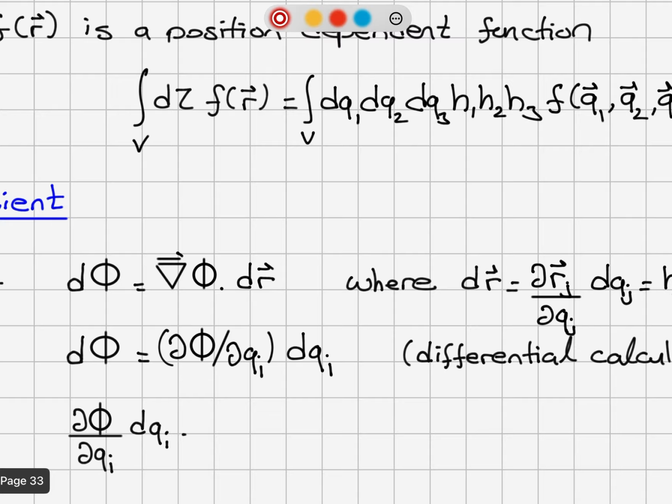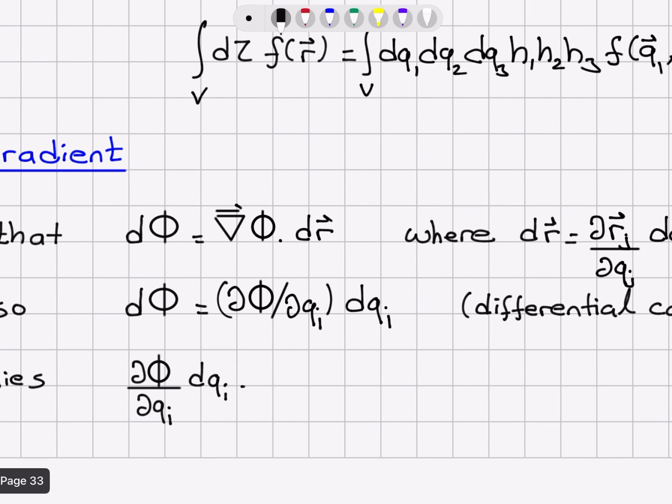Phi is a function of q1, q2, q3. So for each variable in the function, we have to take the partial derivative and multiply it with the differential change in that variable. So this tells us that del phi del qi dqi must be equal to the gradient of phi dot product with the displacement vector.